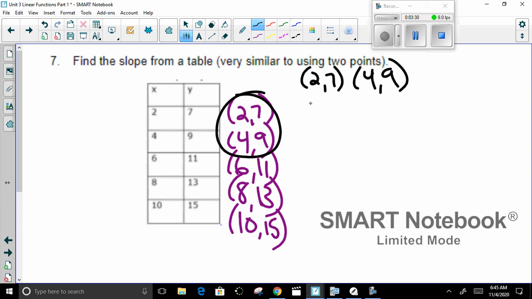So remember, the first one is my x1, y1. The second one is my x2, y2.